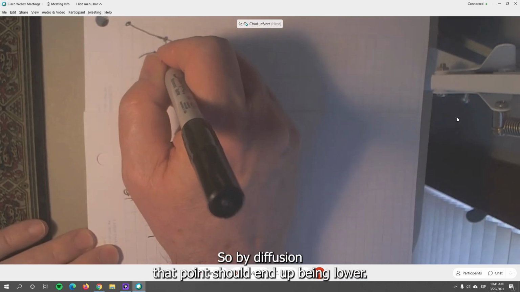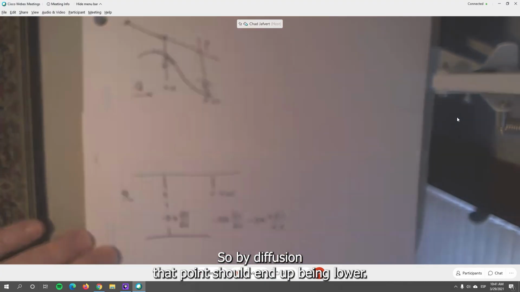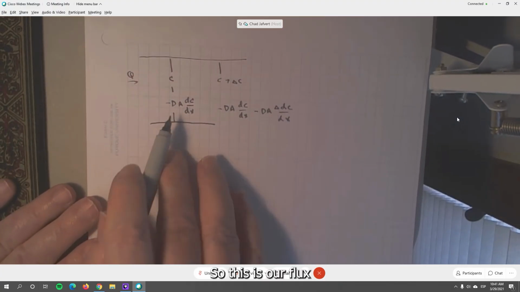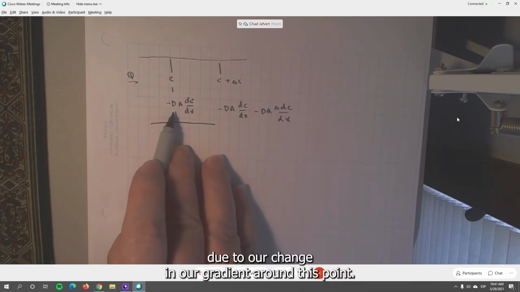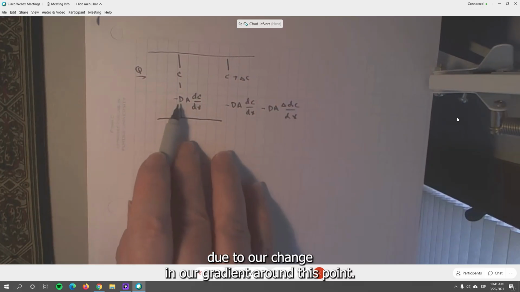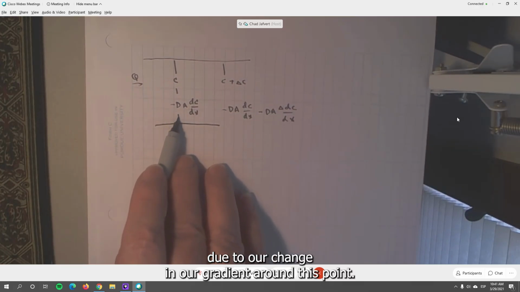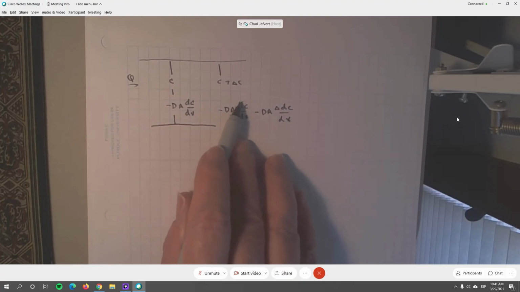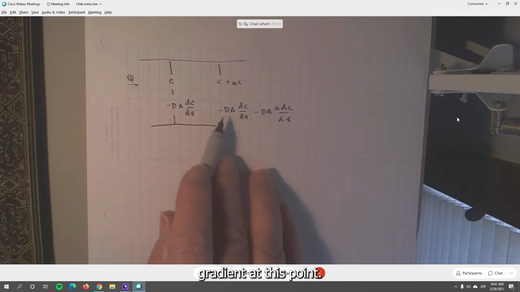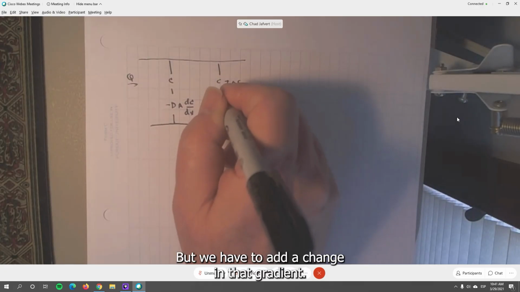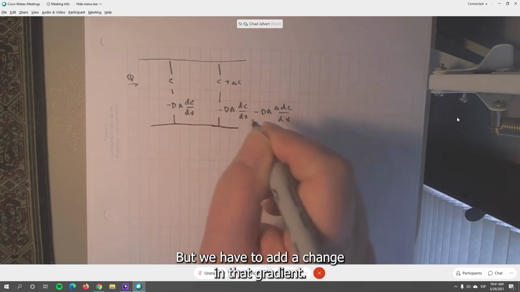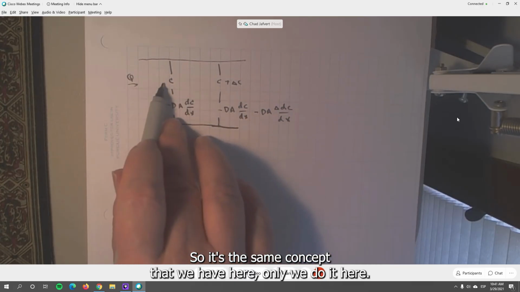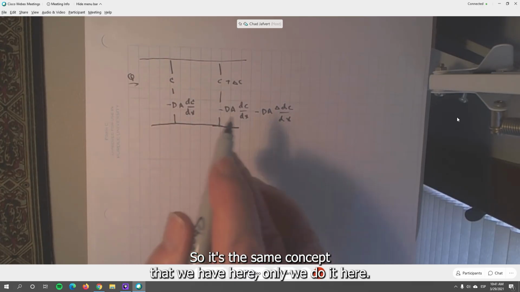So by diffusion, that point should end up being lower. So this is our flux due to our change in our gradient around this point. And so we have the same gradient at this point, but we have to add a change in that gradient. So it's the same concept that we have here, only we do it here.